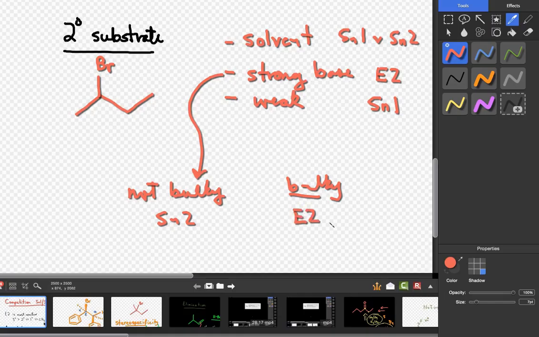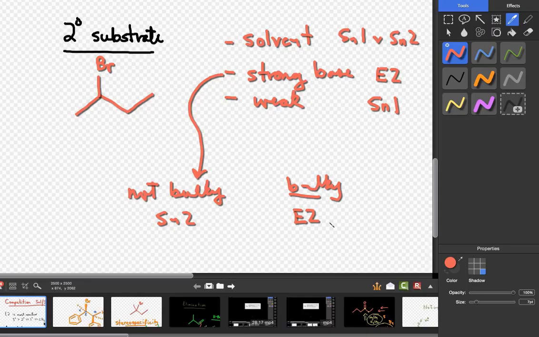One of the take-home messages here is that E2 and SN2 discriminate against each other really, really well. So I can control E2 product or SN2 product. SN1 and E1 I have almost no control over, which is, I think, one of the many reasons that nature does not integrate E1 mechanisms into its reactions. So if I have a secondary substrate, first I want to look at the strength of the nucleophile/base.